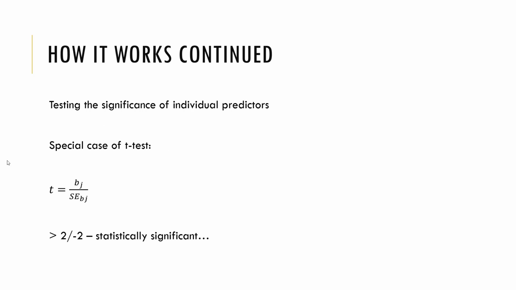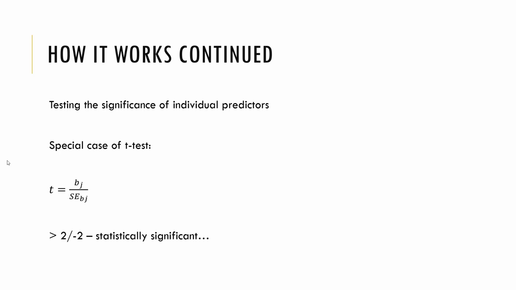So we're starting to get a sense of these b-values and beta values. Associated with the b-value, you also have a statistical significance test. It's actually a special case of a t-test. It looks at the value for one of your predictors, denoted there by the letter J, the slope of the line of predictor J, divided by the standard error of b.